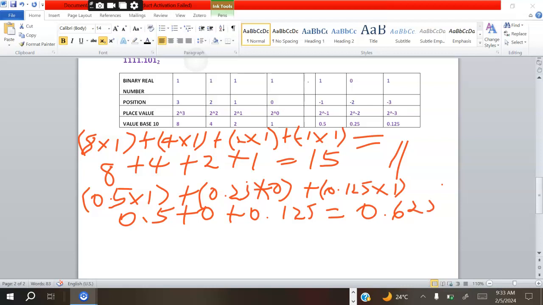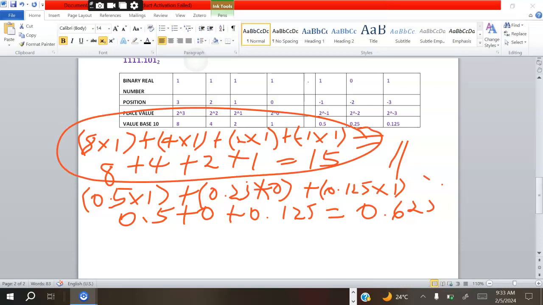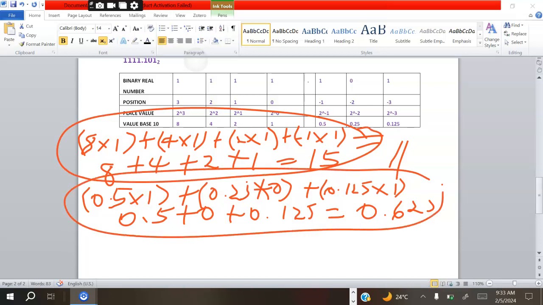Having done that, you combine the integral part with the fractional part. So the integral is 15 plus the fractional, which is 0.625, and this is going to give us 15.625 base 10.